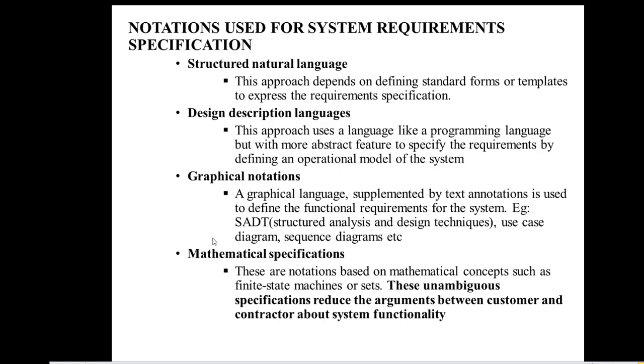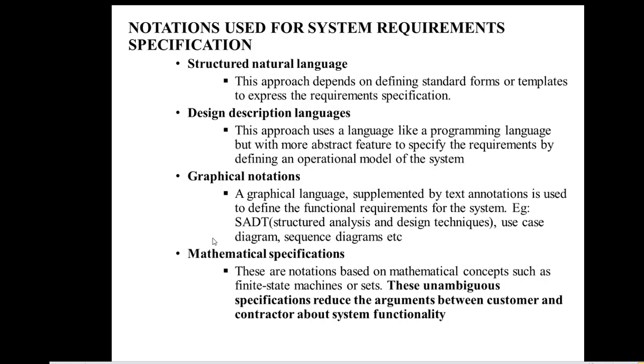First one is structured natural language. We are using natural language to define the system requirement. Here we are using some standard forms or templates to define the requirement. Next one is design description language.